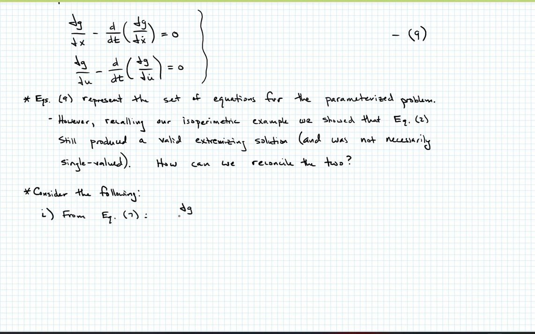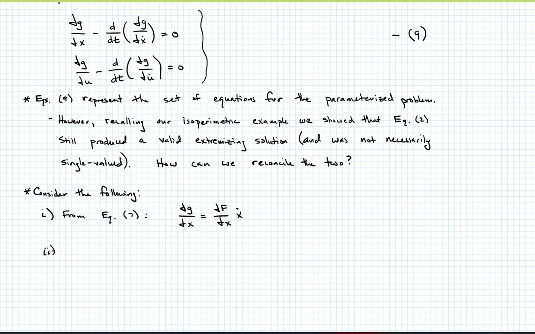We say the partial of g with respect to x is equal to the partial of f with respect to x times x dot. And all that is taking the partial with respect to x of equation 7. Now how about a second consideration?